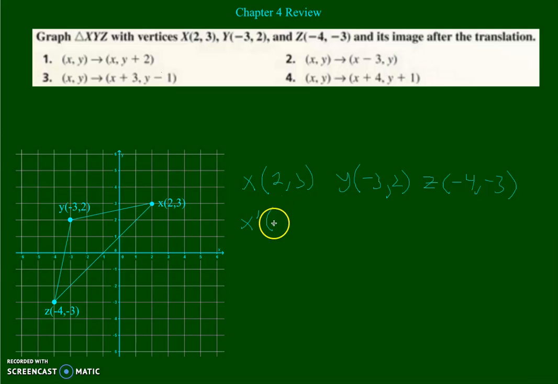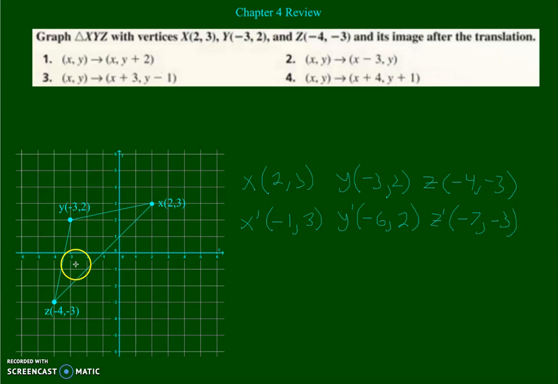So 2 minus 3 is negative 1. And the y doesn't change, so 3. The Y prime, we subtract 3 from the x. So negative 3 minus 3 is negative 6. 2 doesn't change. Z prime, subtract 3 from negative 4, negative 7, and the y doesn't change.